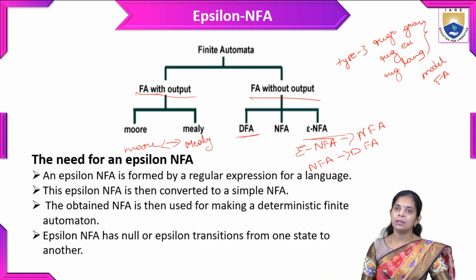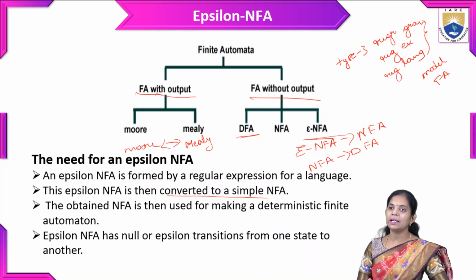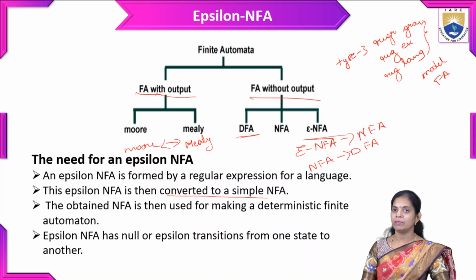What is the need of this epsilon NFA? An epsilon NFA is often converted to a simple NFA. As a first step, we easily convert it to a normal NFA by removing the epsilon moves from the non-deterministic finite automata.